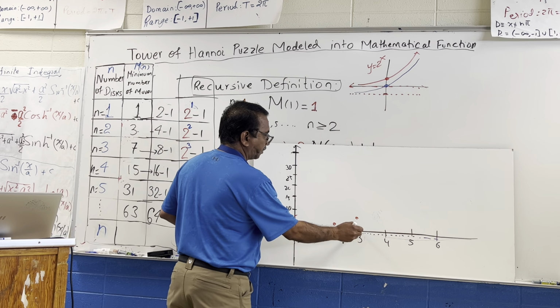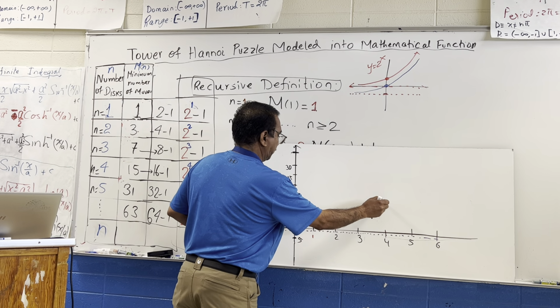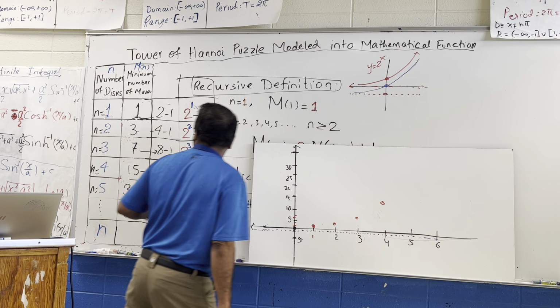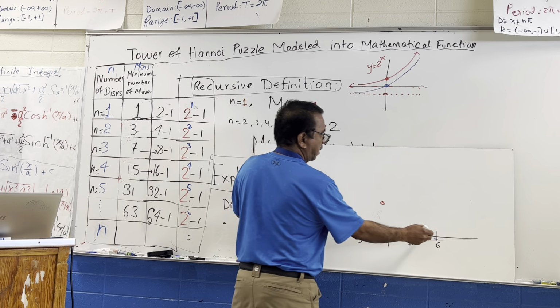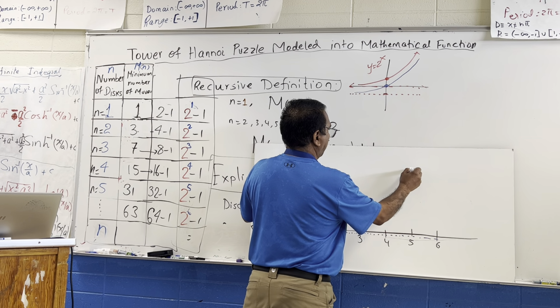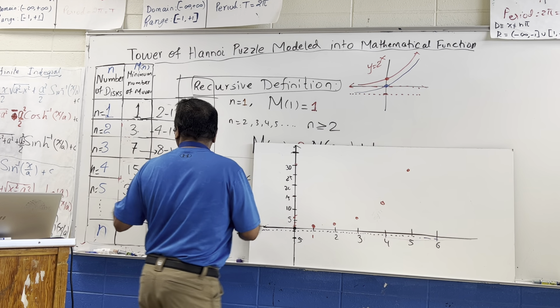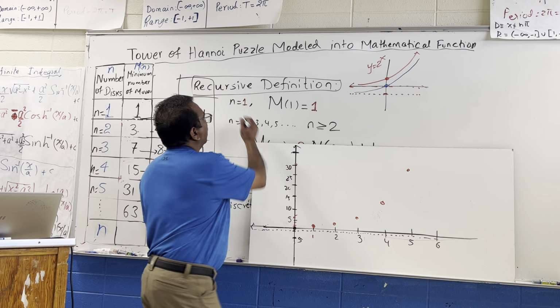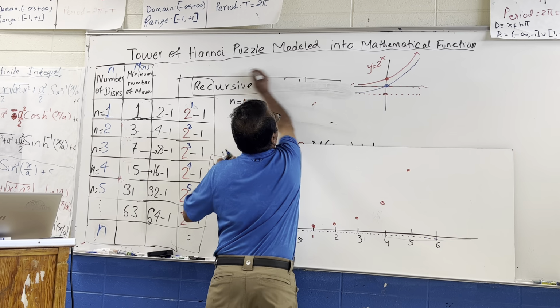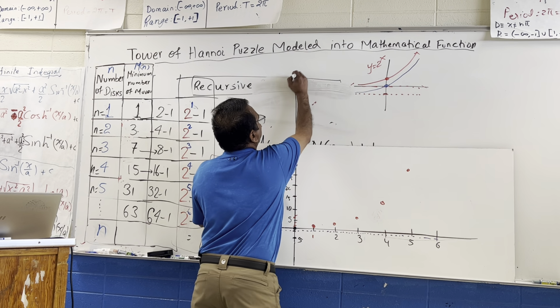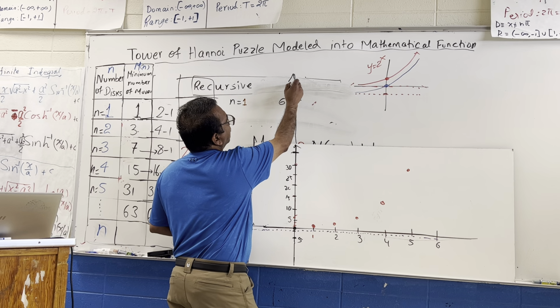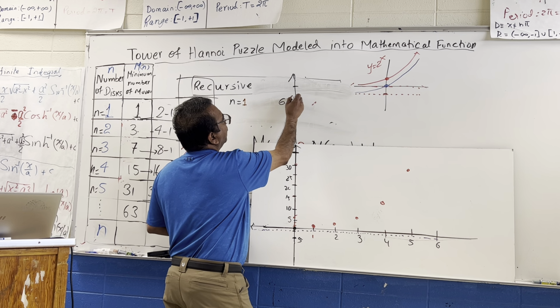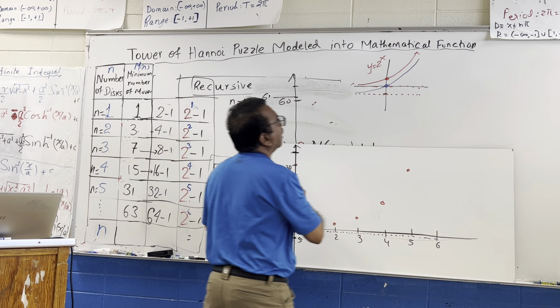That's 15. And 5 is 31. 31 is here. And 6 is 63, but I don't have it on the grid. I can easily extend it right here. If this is 30, this will be 60, and so on. 63 will be right here. So you get a graph.